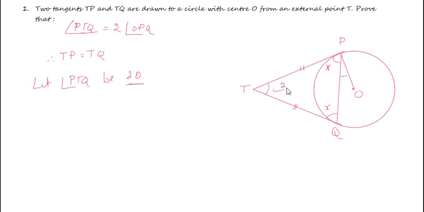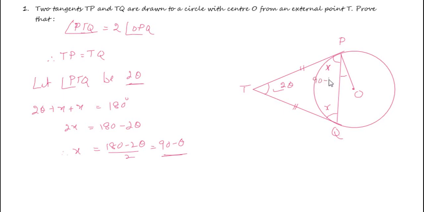Therefore, in triangle TPQ, 2 theta plus 2x equal to 180 degrees, or 2x equal to 180 minus 2 theta. Therefore, x equal to (180 minus 2 theta) divided by 2 equal to 90 minus theta. So, angle x equal to 90 minus theta.